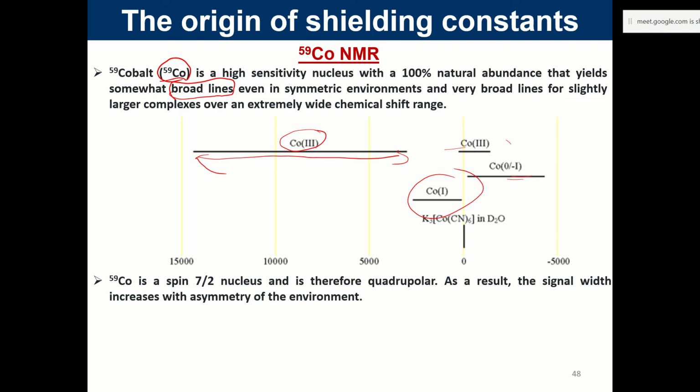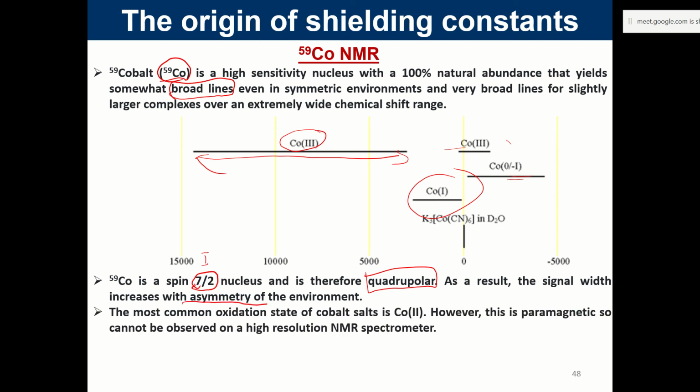It is a nucleus with spin I equal to 7/2. Whenever you have this kind of thing, the nucleus does not have a dipole, it is a quadrupole, and the signal width increases because of the asymmetry of the environment, so wide signals are obtained.